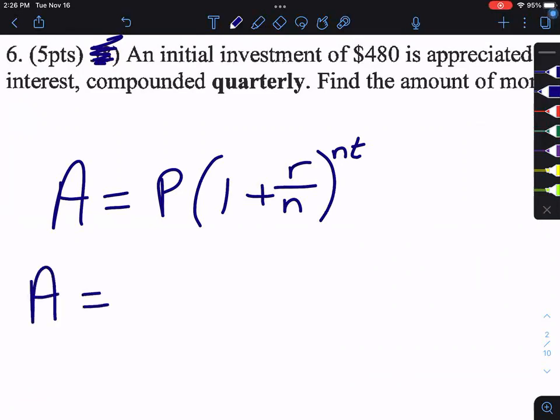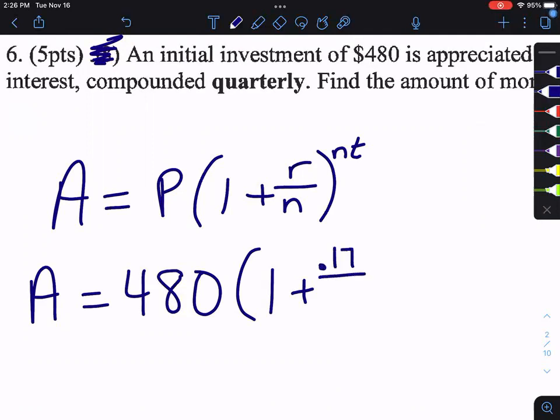So to find the amount in the account, we're going to start with A equals the principal. The original amount is $480. 1 plus the interest rate is 17%. Converted to a decimal is 0.17. Make sure you're taking that 17% and converting it to a decimal.